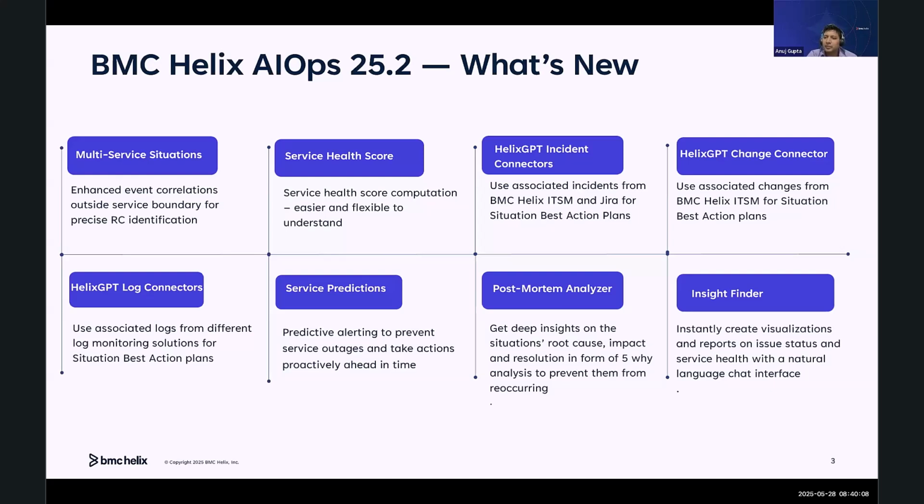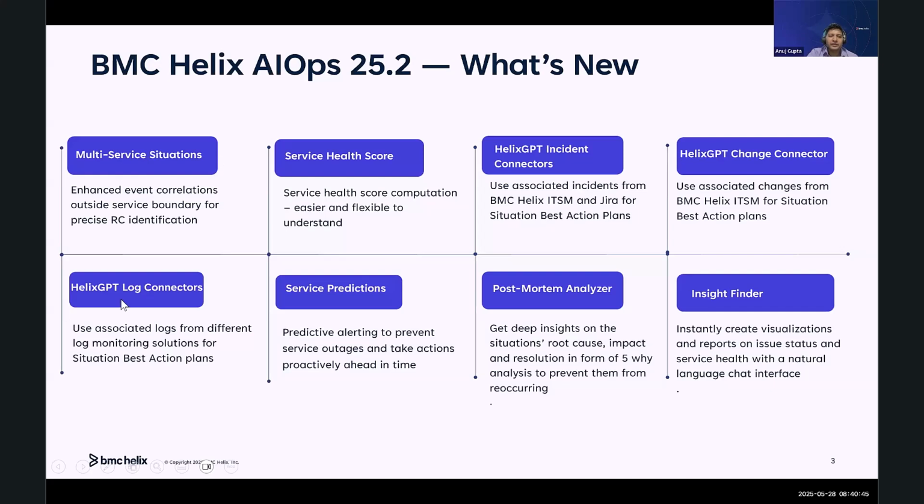As part of the Helix GPT change connectors, we have these smart connectors leveraging our agentic AI framework, which will pull in the relevant contextual changes from the BMC Helix ITSM in context of those CIs and services under impact. They are then updated in the situation's best action plans, or the best action recommendations, to update the RCA, which will allow an operator to get a more precise root cause and hence take a more meaningful action.